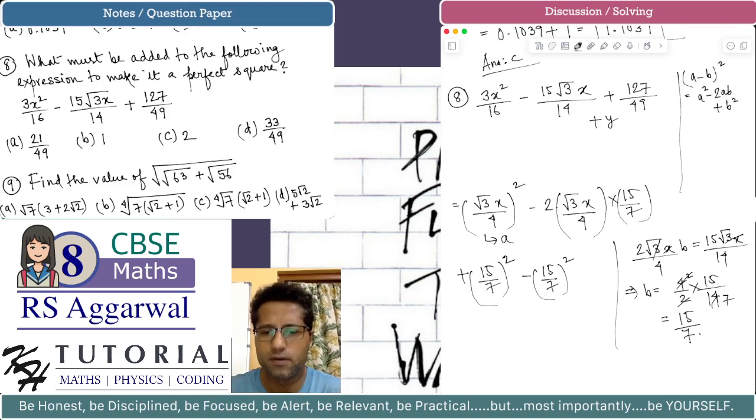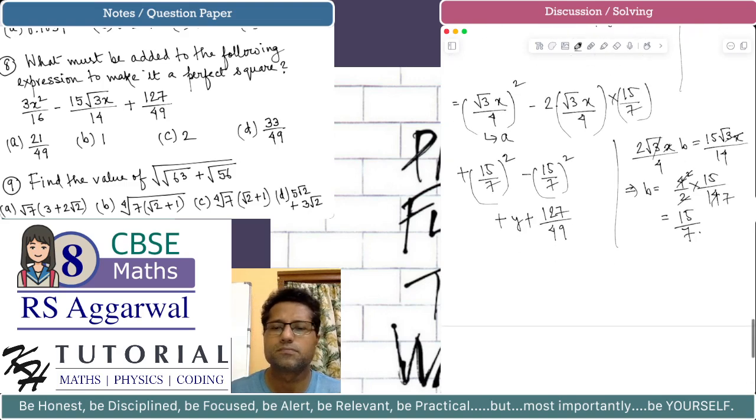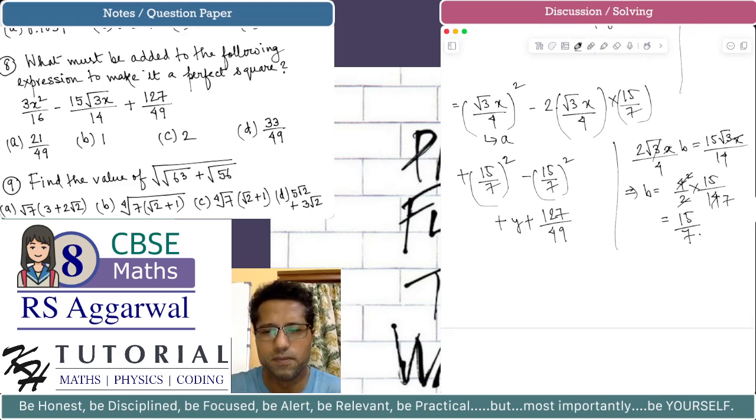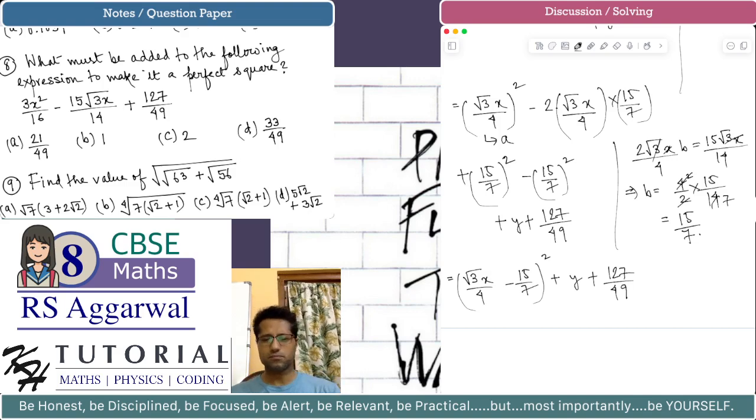And then we have the plus y and plus 127 by 49. So this becomes equal to root 3 x by 4 minus 15 by 7 whole square, and we are left with y plus 127 by 49.